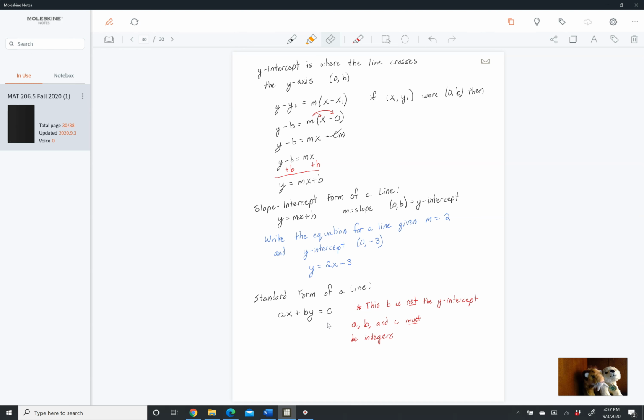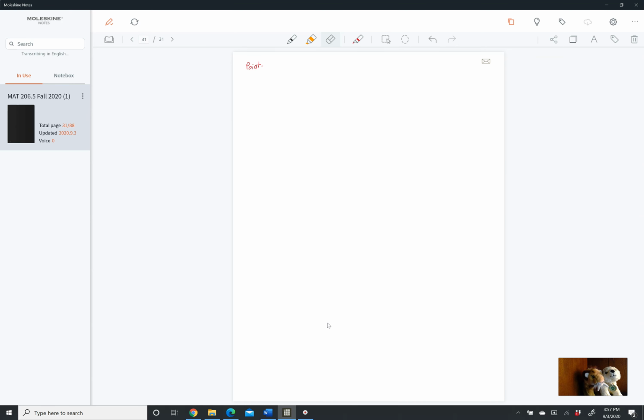So I'm actually going to write these all together in one place. So we have point-slope. Okay. Point-slope form is y minus y1 equals m times x minus x1, where m is the slope, and our point is (x1, y1).